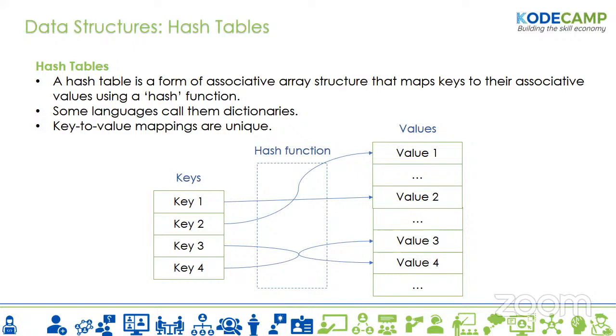So here you have a key, key one, and it is mapped using a hash function to the value. Then you have key two mapped to its value, and what you have here is the hash function. The hash function is more of a key to value mapping, and all of these are unique.